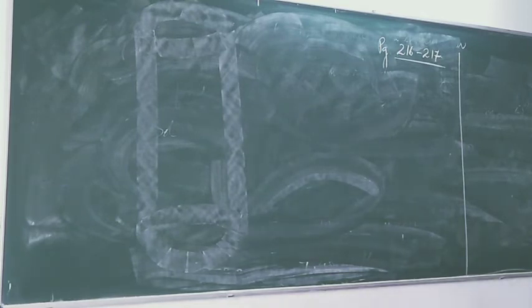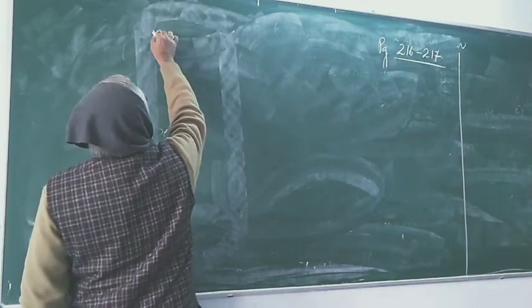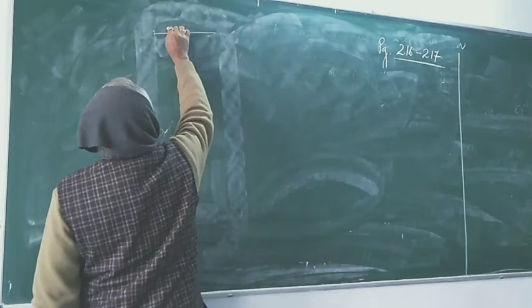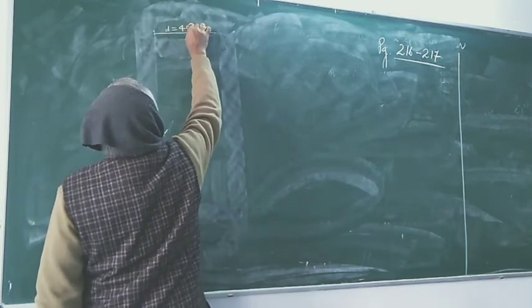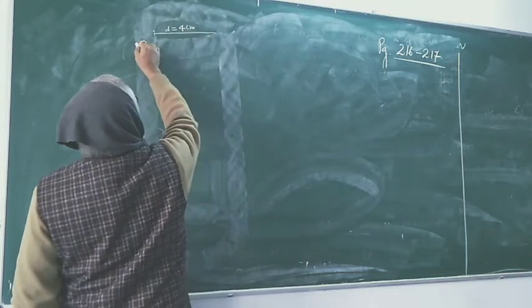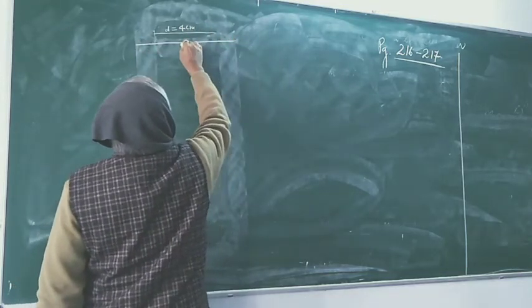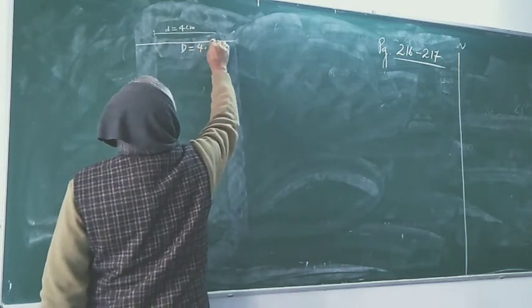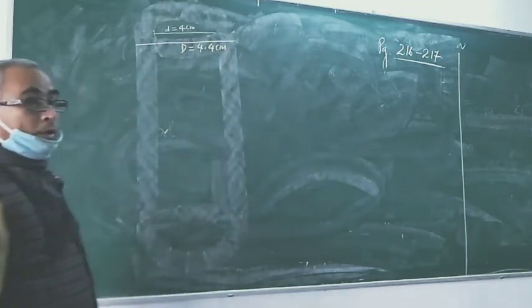Now see here, inner diameter is given. What is the value of inner diameter? 4 centimeter. Outer diameter is also given, that is capital D. This one is 4.4 centimeter. Am I correct?